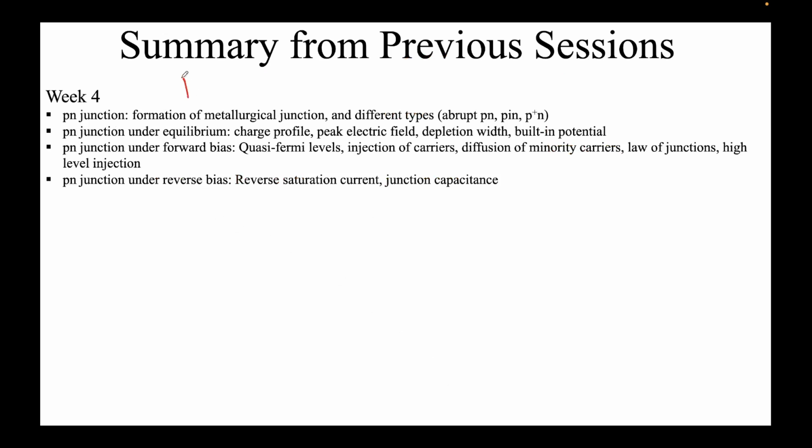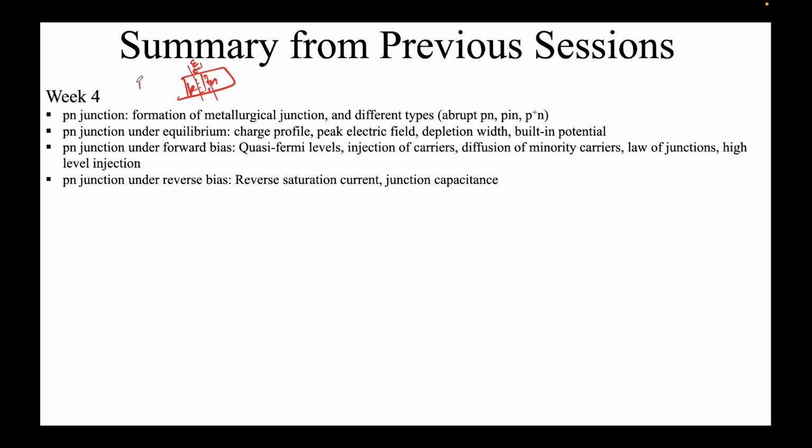Right. Then we saw our first device, the p-n junction. On the n side there are a large number of electrons, they can diffuse from right to left, and thus they leave behind positively charged donors, and the acceptors will accept the electrons. You can see that it will set up an electric field which will oppose the diffusion of further electrons. So ultimately a region is formed where there are no mobile charge carriers.